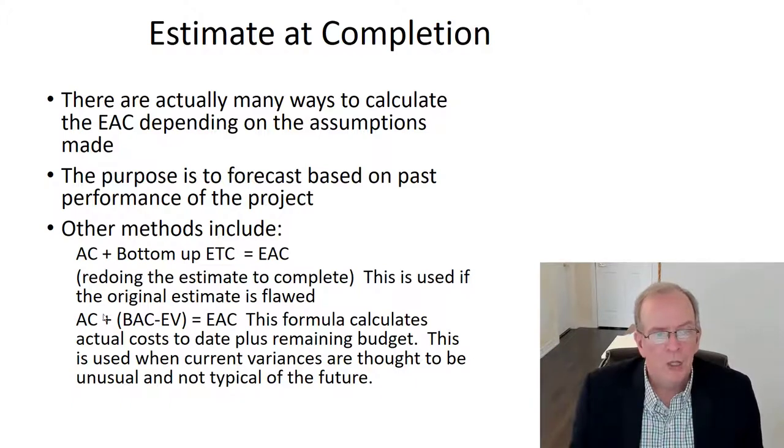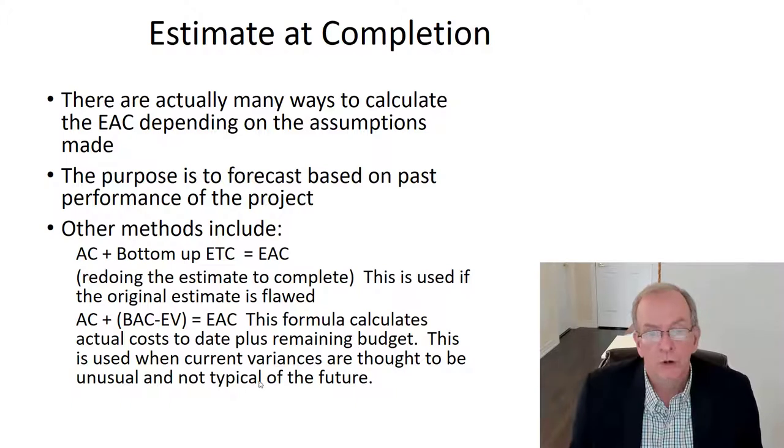You could also do actual cost plus the budget at completion minus the earned value equals the estimate at completion. It calculates the actual cost to date plus the remaining budget amount.